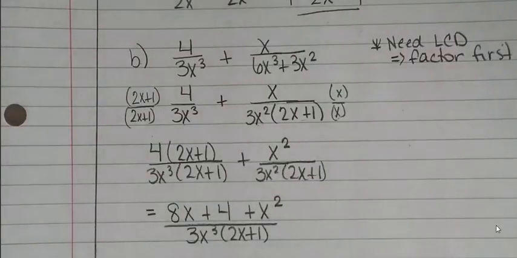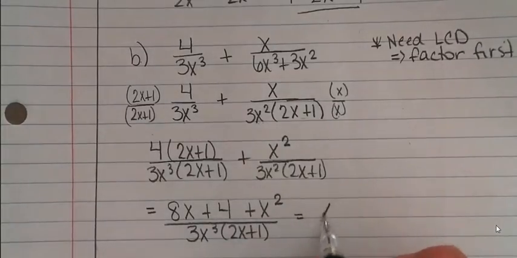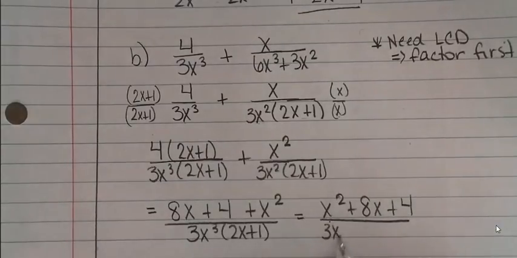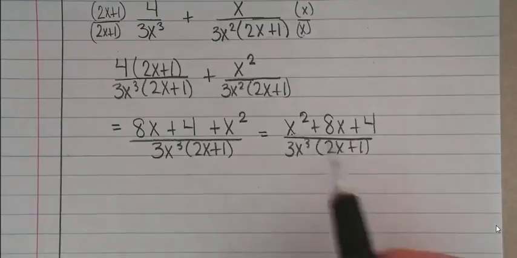Now I'm just wondering if there's any factoring that can be done here. So I guess that's going to be my next question. So I know that I can rewrite this as x squared plus 8x plus 4 over 3x cubed times 2x plus 1. And my question then is, can I maybe factor this so I get a 2x plus 1?